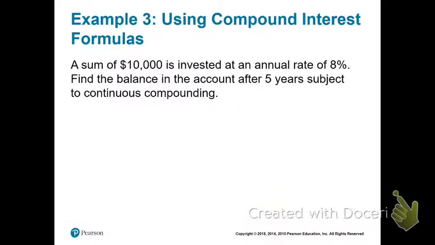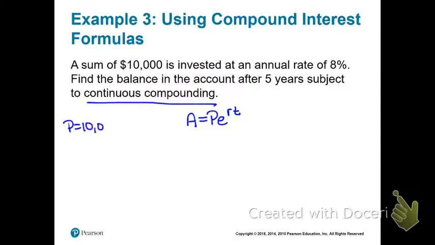And so we'll see that here in example 3, because we're doing the same problem, except now the last sentence says find the balance in the account after 5 years subject to continuous compounding. That means it's just continuously being compounded, and that means we're going to use that second formula. We're going to use what I call the PERT formula. A equals PE raised to the RT. Again, it says a sum of $10,000 is invested, so that's our principal.